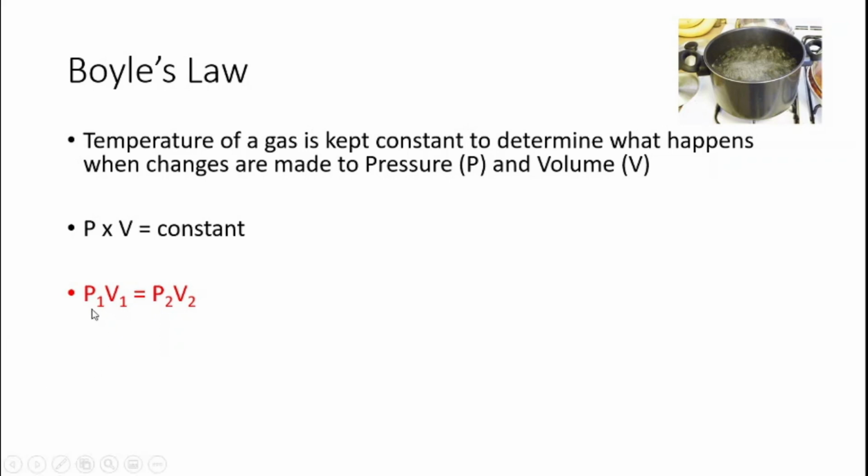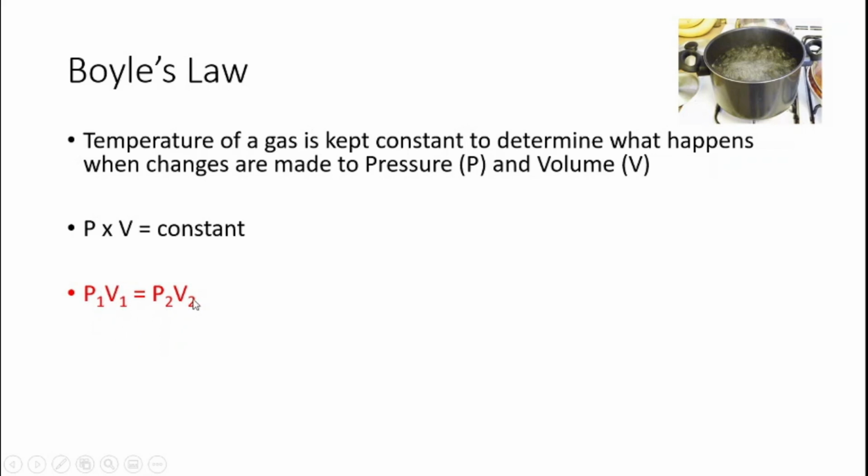So what would happen to the volume if you increase the pressure of the gas? The temperature remains the same, so we can ignore the temperature. P1V1 has got to equal P2V2.